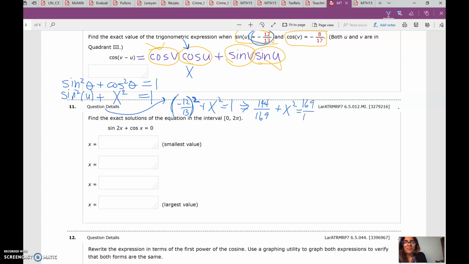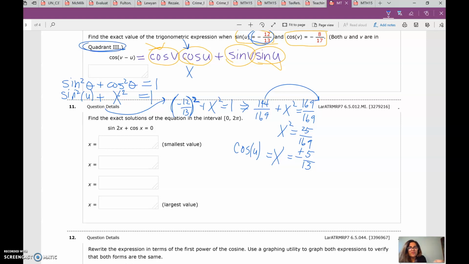And let's write the number 1 in this special form. When we subtract this term from both sides, we get 25 over 169. So x equals plus or minus 5 over 13. X, remember, was cosine of u. Okay, how do we know whether to choose the plus or the minus?